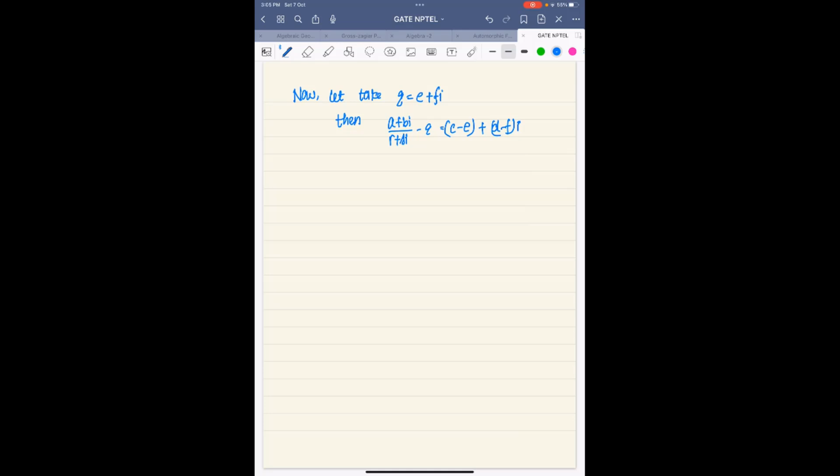The norm of this is, by the triangle inequality, at most the square root of 1/4 plus 1/4, which is 1 over square root of 2. This is strictly less than 1.